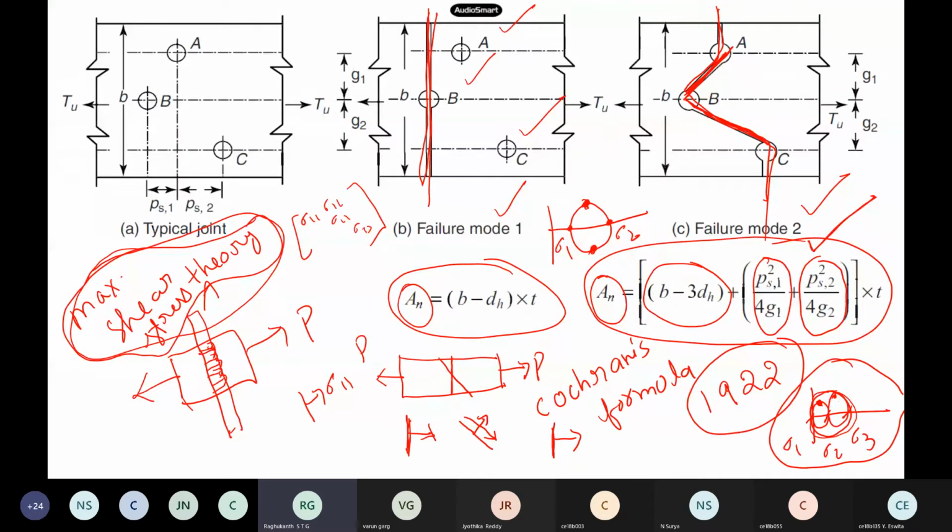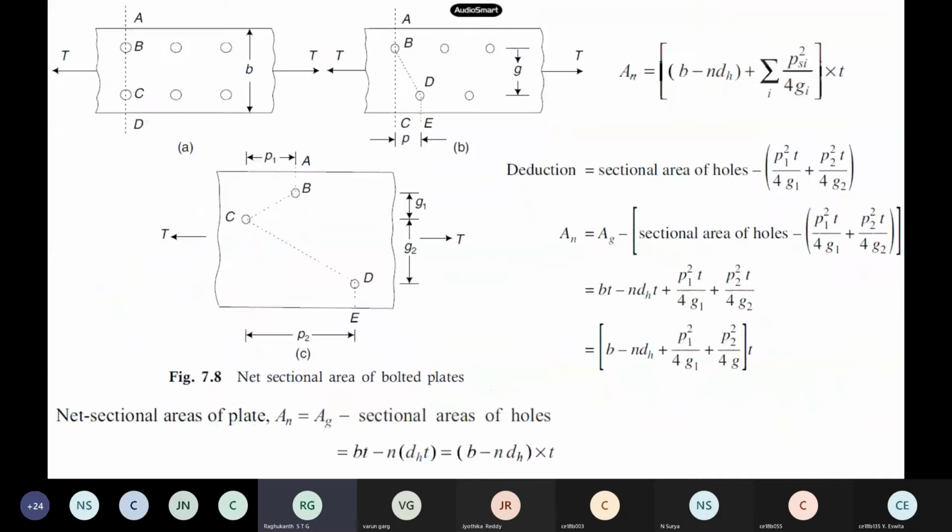Whenever you have staggered sections, the problem is this. With chain bolting, it will fail along this section, at the end bolts essentially, this bolt or this bolt. That is very easy to calculate, and the net area is the same at all these sections, so simply B minus N times DH into T. But if you have staggered bolting, you have a problem.